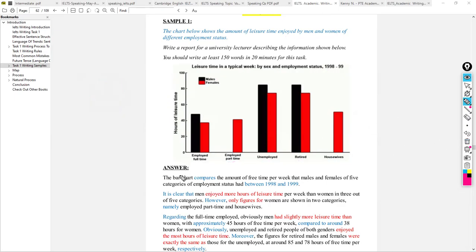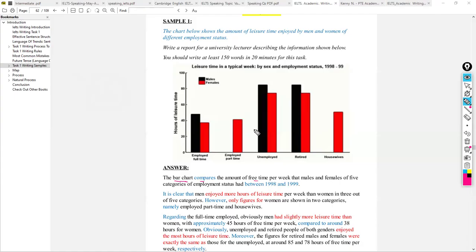Okay? Now, after this 25 seconds is finished, I have to speak, or let me say that I'm ready to speak. Now, the bar or column chart, this chart is called a column chart or bar chart. Now, this bar chart, again, you can say only chart without bar, but it is better to name the chart. Now, this bar chart compares the amount of free time per week.